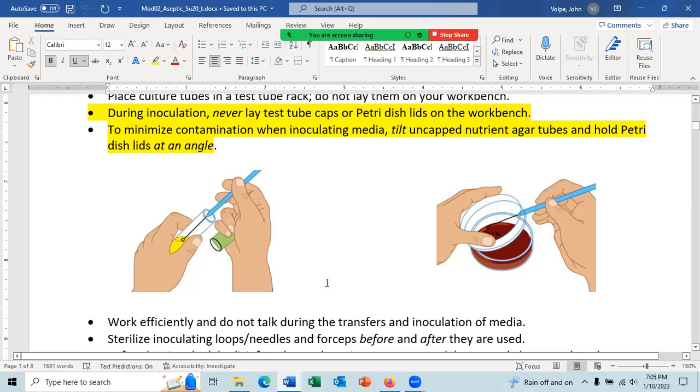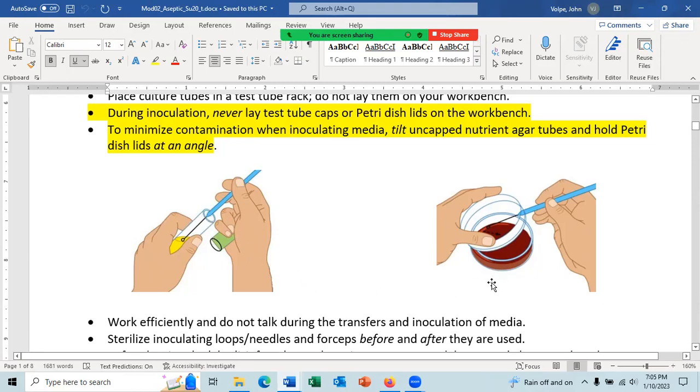To minimize contamination when inoculating media, you should take off the cap, hold it in your hand, and then hold the uncapped tube at an angle, and that will reduce the chance that if anything falls down from the air, it'll fall into the tube, because you're reducing the surface area exposed when you hold it at an angle.